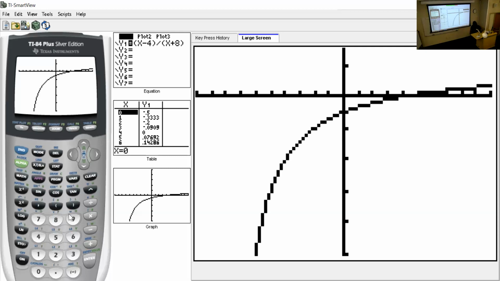Okay. I think it's going to one. No, the vertical one, vertical. X is approaching -8, which is on the left-hand side. As you get closer and closer to -8, where is the curve going?